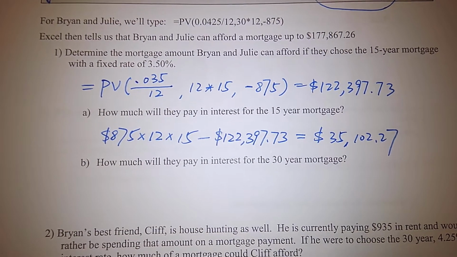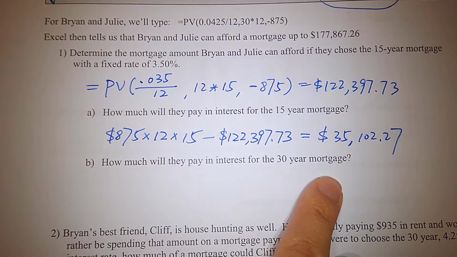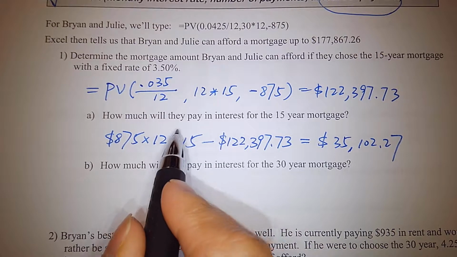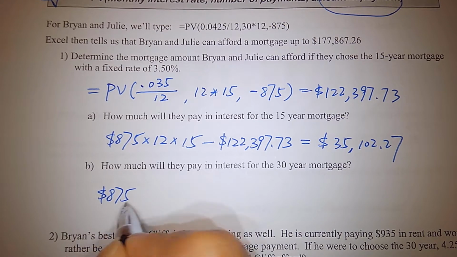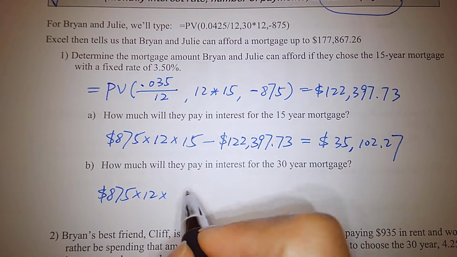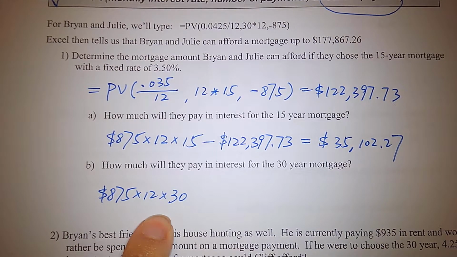Well, question B. How much will they pay in interest for a 30-year mortgage? How to do this question? Very similar to question A, right? 875, that's each month, 12 months, for how many years? 30 years. This is the overall payment.